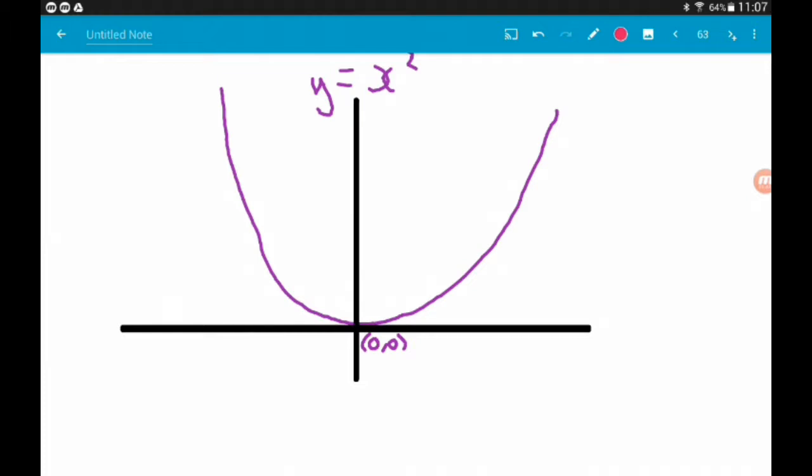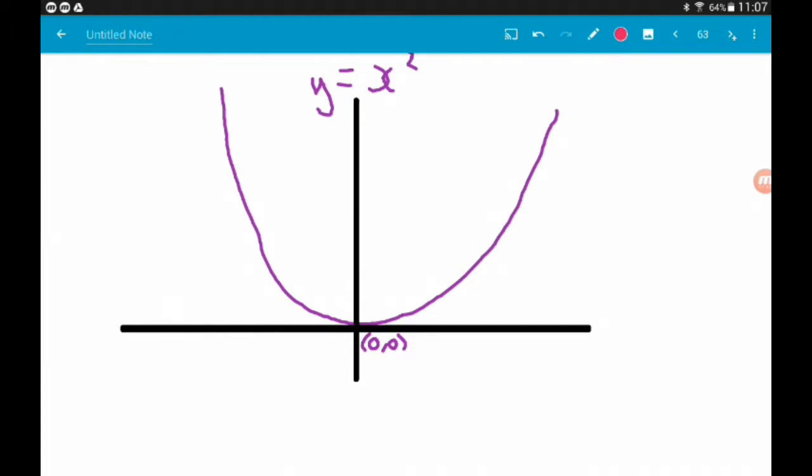So if the rate of change of the gradient is positive, that means the gradient is increasing as we go from left to right. Or if the rate of change of the gradient is negative, that means the gradient is decreasing from left to right. So we've got a really simple example here.